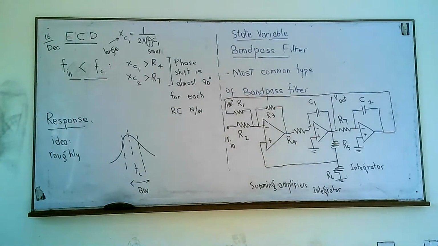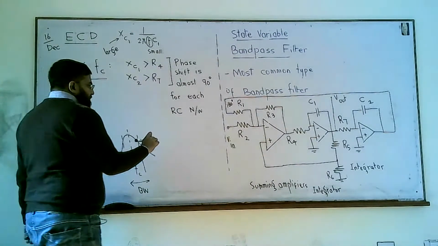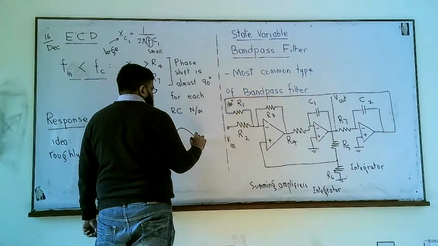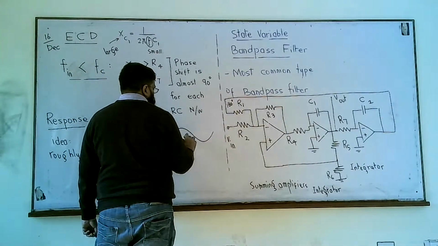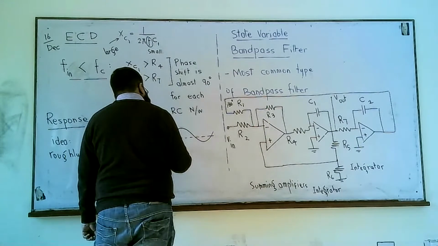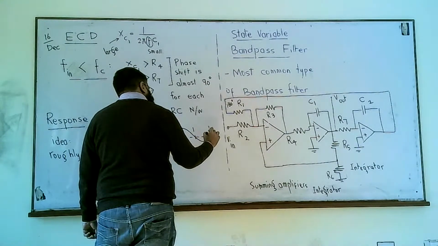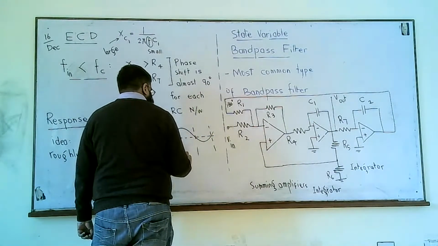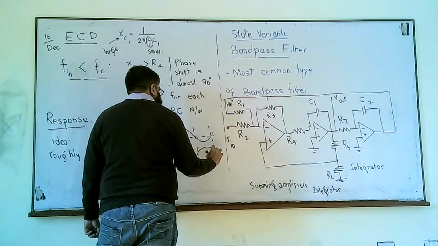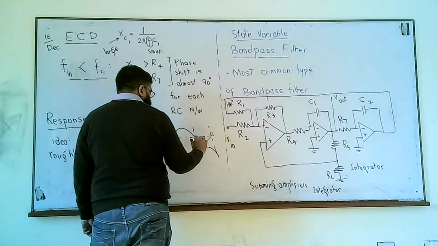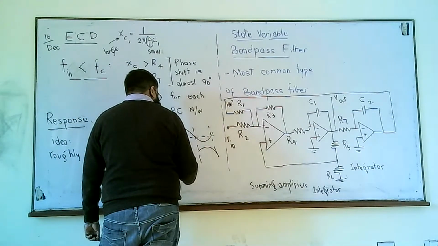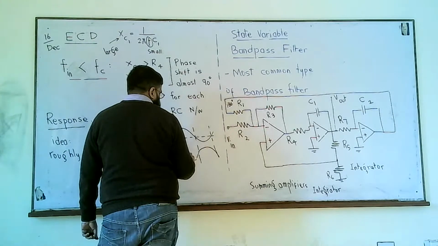So if we are now adding two signals, and one of them is like this, and the other is 180 degrees out of phase compared to this, then we should get the minimum response because they are cancelling each other.